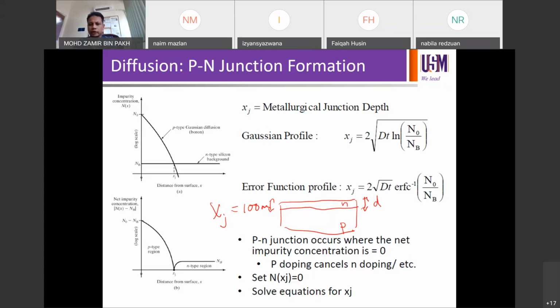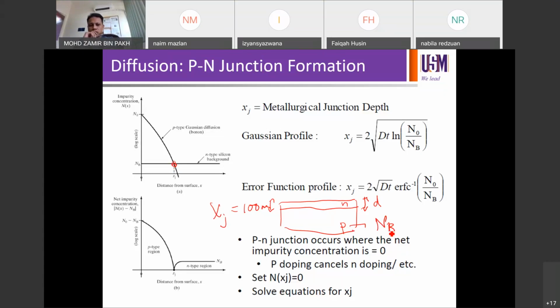So the depth on the curve will be given by the intersection point. For example, if you look at this Gaussian profile, it is the intersection between your doping profile, the curve, and the background doping of your silicon. In this case, the background silicon doping is here, NB.